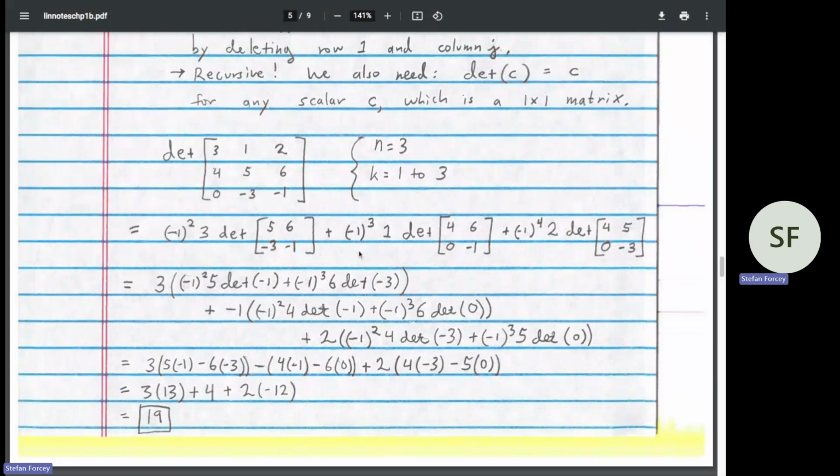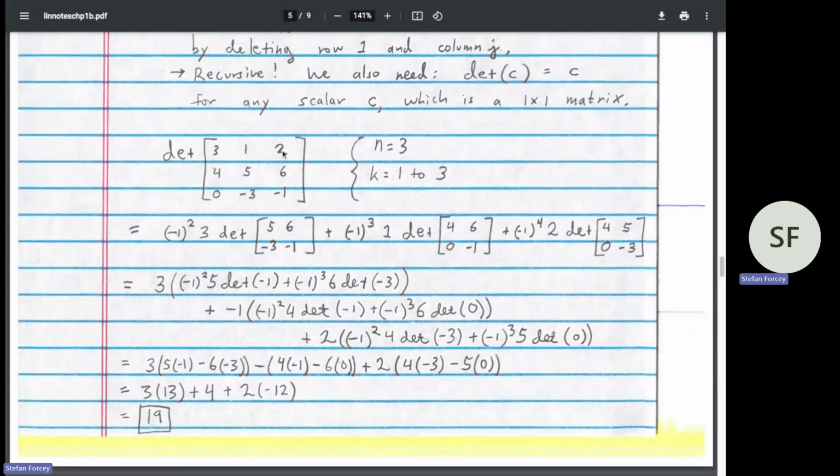Then the second entry is -1 cubed, and that'll turn into a -1. The entry is 1, and if you delete that column and the row, then what you're left with is 4, 6, 0, and -1.